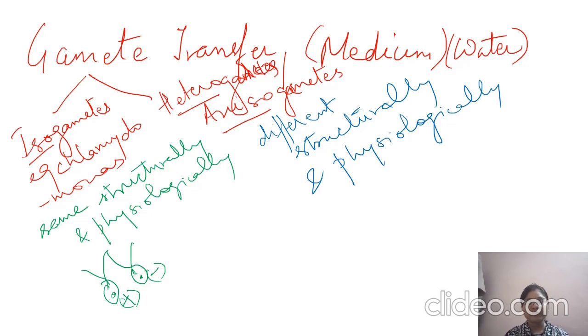Like you must have seen, an example is given in your NCERT also, that is Fucus, and the best example is your humans, where the egg is laden with food and the sperms travel up to the egg. Now, gamete transfer, I told you for lower organisms, is basically through water.